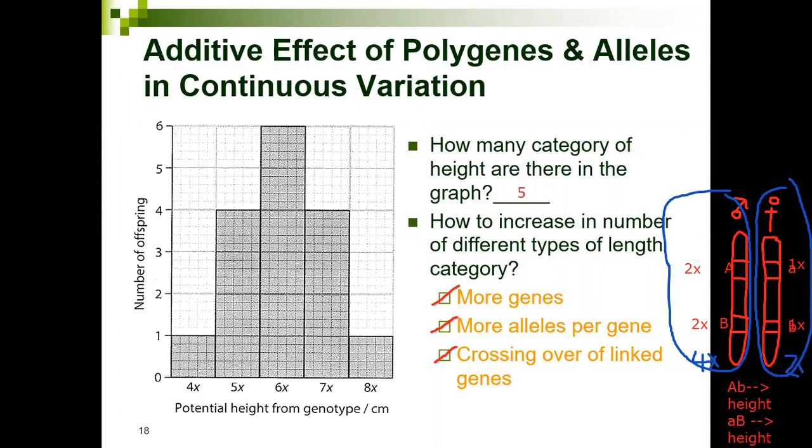But because of crossing over, now we have offspring that receive this one. So what is the height for this? 2 plus 1 is 3x already, totally different from the original. So the 3x will suddenly appear because of crossing over of linked genes. And this one also is 3x already. Originally there was no 3x. So crossing over of linked genes can give rise to a new allelic combination, and the additive effect of the genes gives rise to a new type of phenotype. This is very interesting.